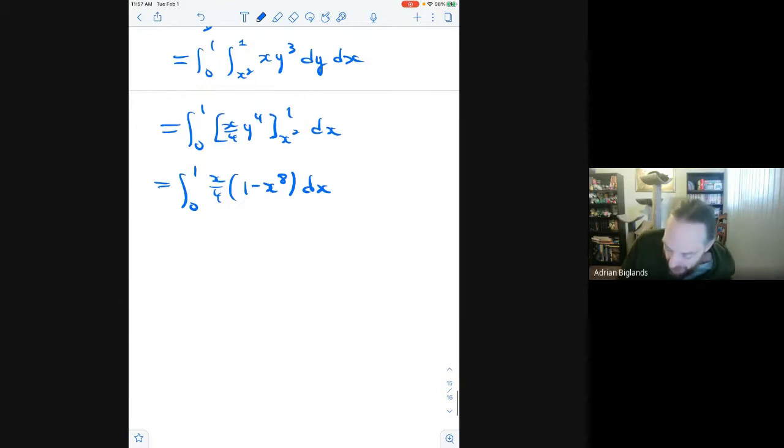Now we're just cleaning that up. This is the integral from 0 to 1 of x over 4 minus x to the 9 over 4.